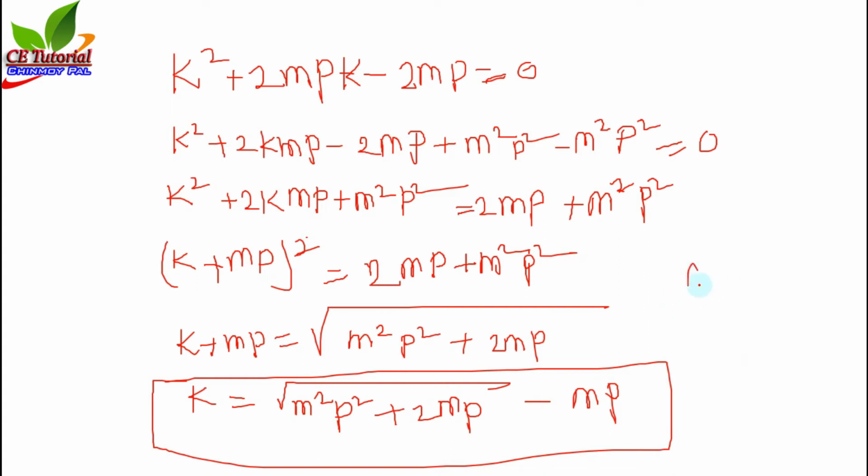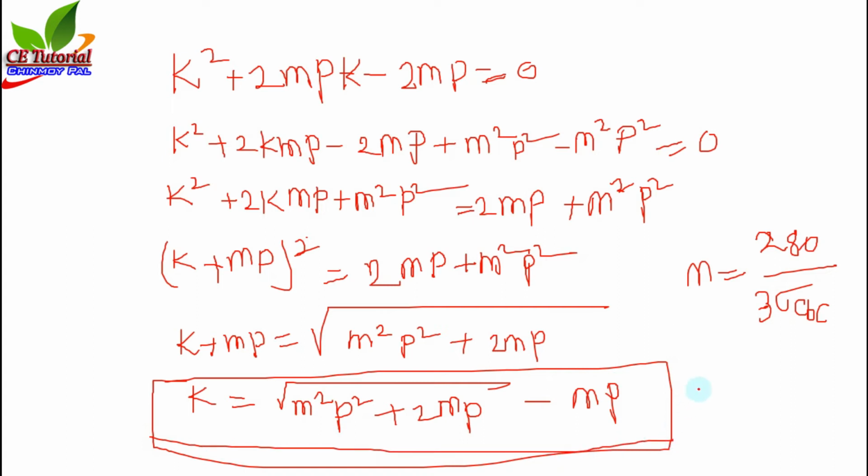The code gives it: modular ratio is equal to 280 by 3 sigma CBC. Now you can calculate K, and if you multiply K with D, you get the neutral axis depth. Okay, nothing else.